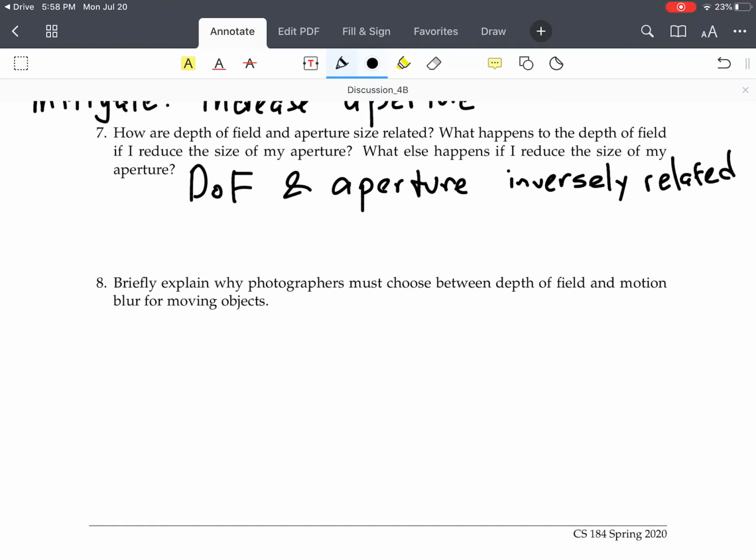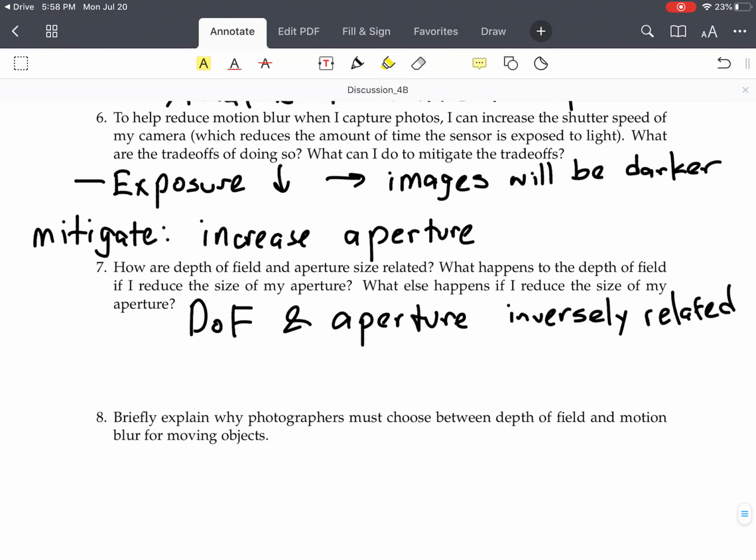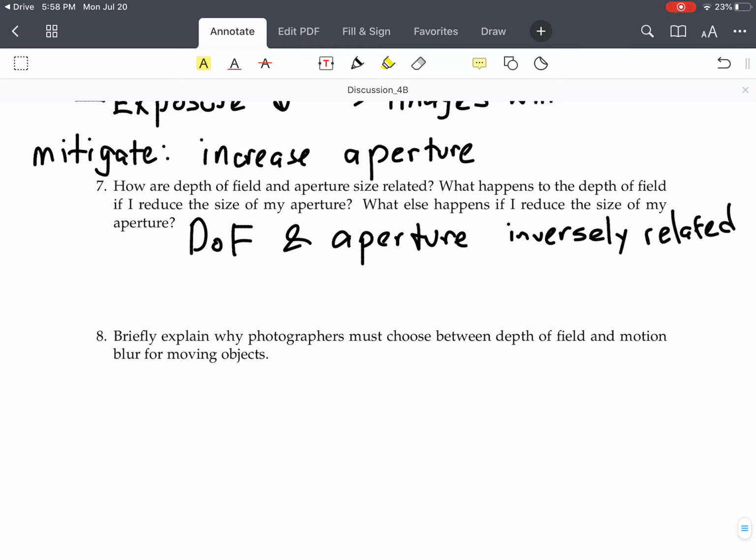Okay, but the next question is, what else happens if I reduce the size of my aperture, right? We discussed this just above, increasing the aperture. We did that to increase the exposure. So if we do reduce the aperture, it will also make the image darker, right? Because increasing the aperture increases the exposure, so decreasing the aperture will similarly decrease the exposure. So what else will happen?